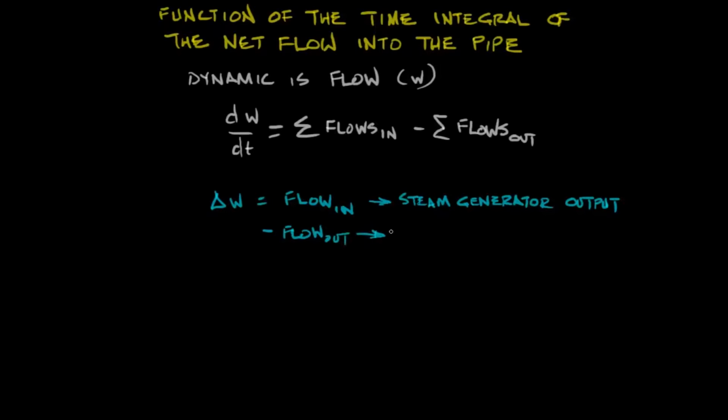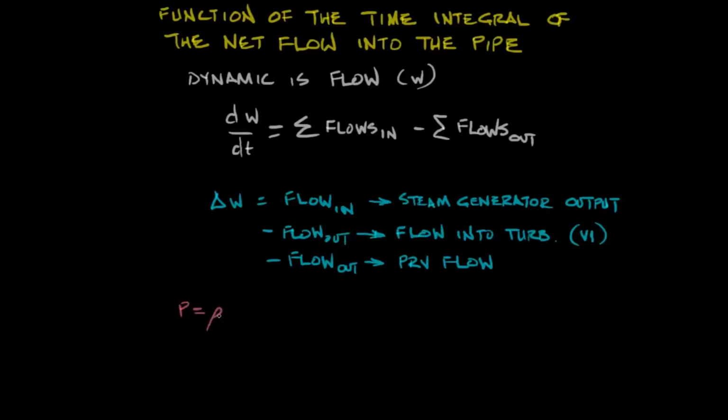So the flow in is effectively, in this model, the flow from the steam generator, and the flow out will be the steam that's taken in through V1 and into the turbine. Now, additionally, you could have flow coming out because of a pressure reducing valve that opens on an overpressure situation.